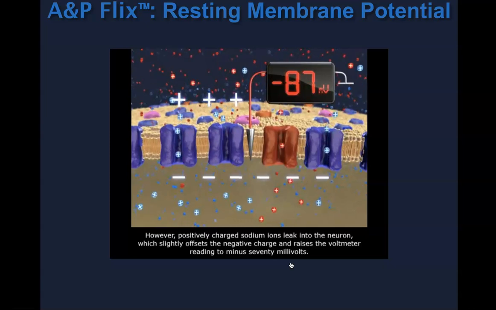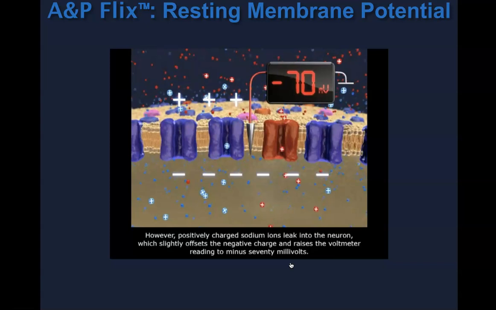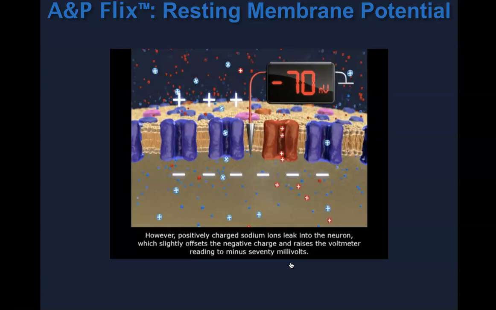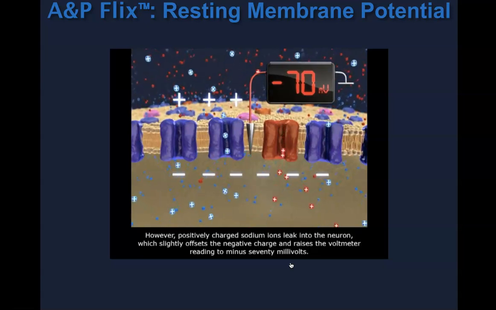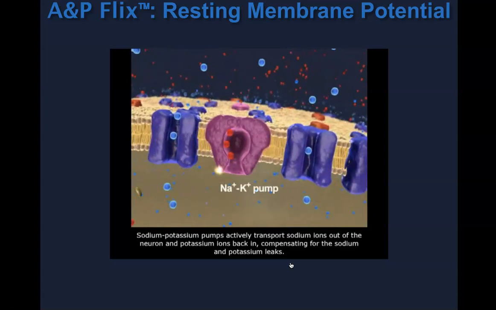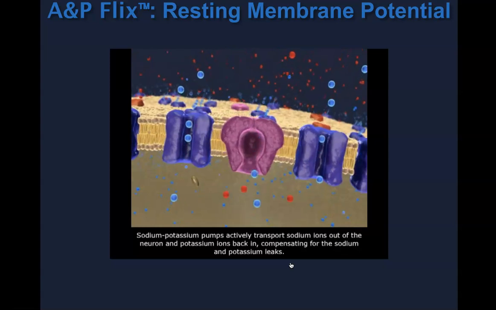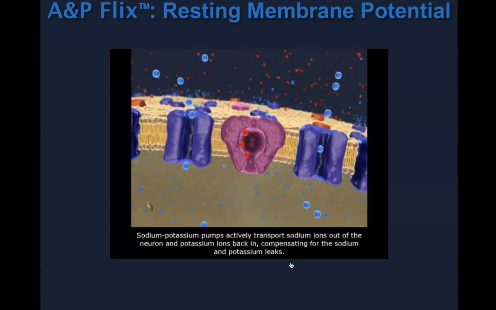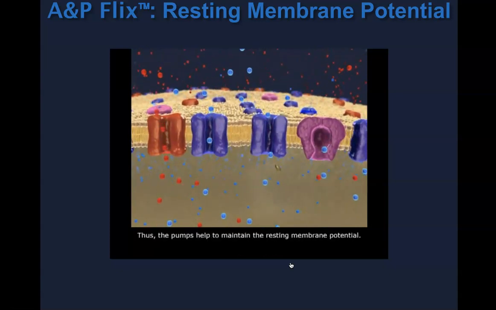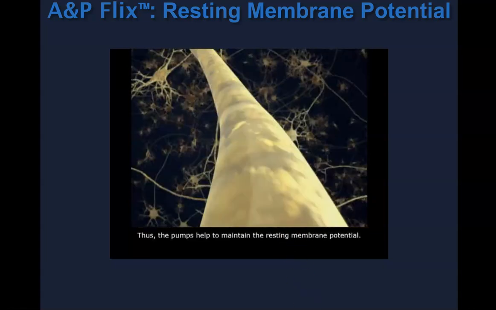However, positively charged sodium ions leak into the neuron, which slightly offsets the negative charge and raises the voltmeter reading to minus 70 millivolts. Sodium-potassium pumps actively transport sodium ions out of the neuron and potassium ions back in, compensating for the sodium and potassium leaks. Thus, the pumps help to maintain the resting membrane potential.